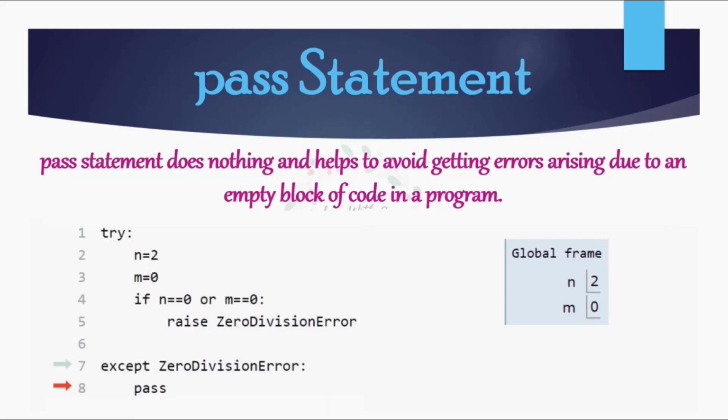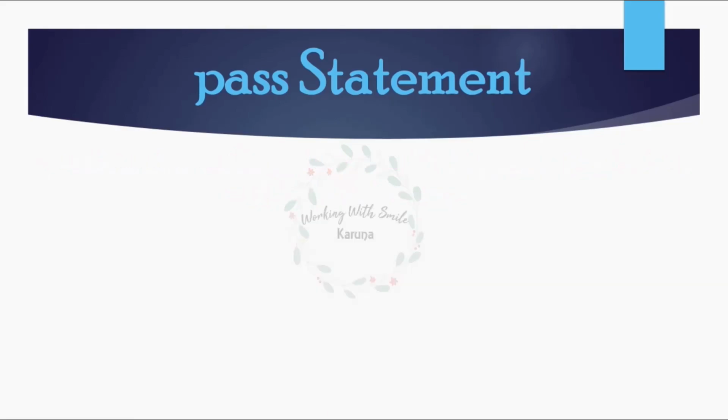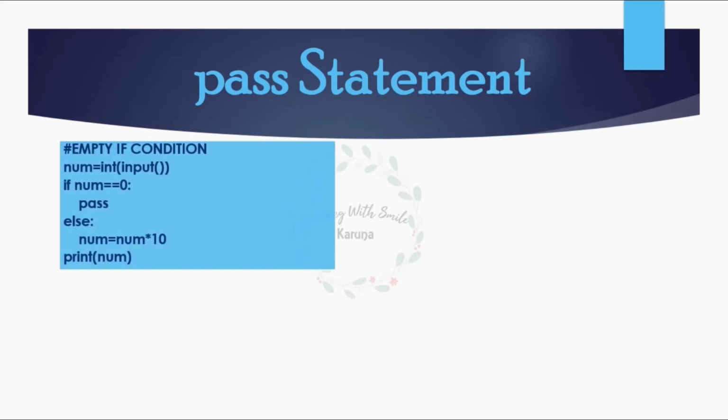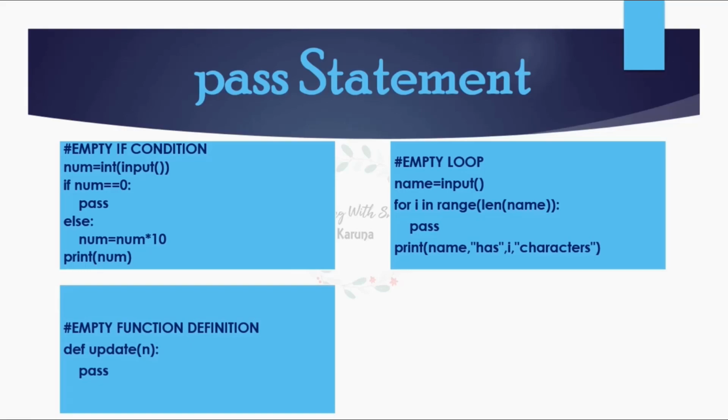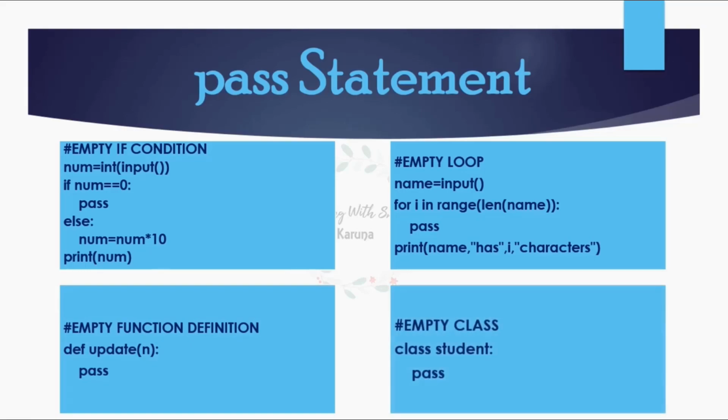Here I have a few examples which will help you to understand the working of the pass statement in order to create an empty if condition, an empty loop, an empty function definition, and an empty class. In order to implement pass, you need to keep one thing in your mind.